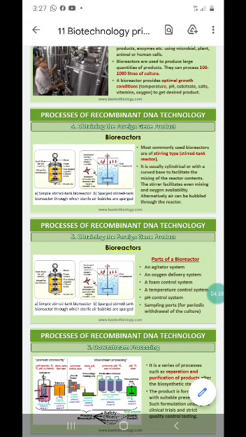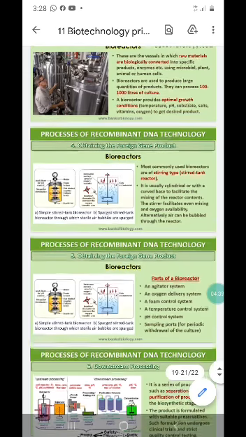Now let us see what these bioreactors are. These are vessels in which enzymes, products, etc. are made using microbial, plant, animal or human cells. These are large vessels, children, where raw materials are converted into useful products or enzymes. Bioreactors are used to produce large quantities of products.